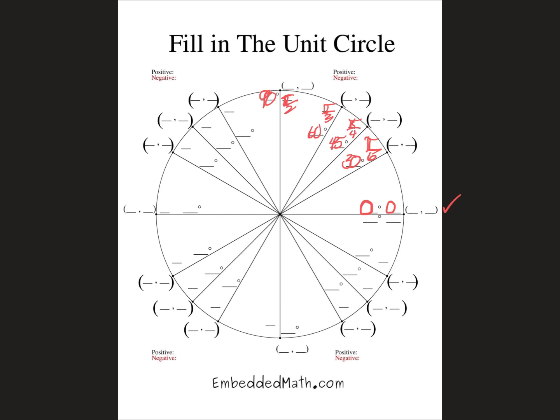Now, we did this before in an earlier lesson, but we're going to do it again. If you'll remember, we marked this as a unit circle. It doesn't have to be a unit circle to figure this out, but a unit circle makes it a little bit easier. All right. And since it's a unit circle, the hypotenuse is 1.